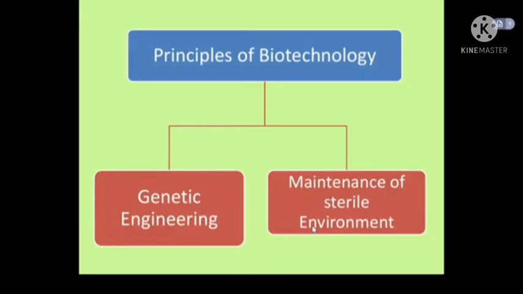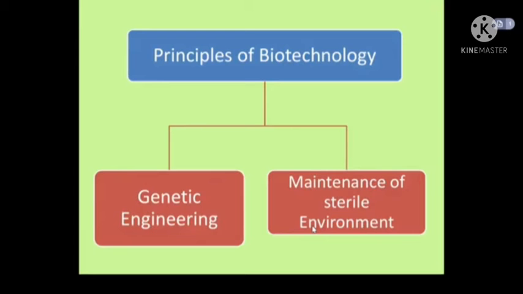Like that, idli dough: we grind the flour and next day we let it ferment. Then only the idlis will be soft. Then cake making, like appams and all this, the basic principle is fermentation, and these were considered to be the traditional biotechnological processes. From this basis only, we developed modern biotechnology.